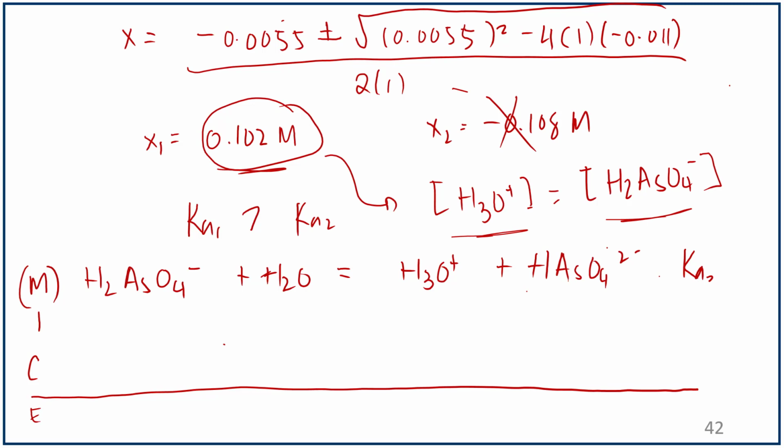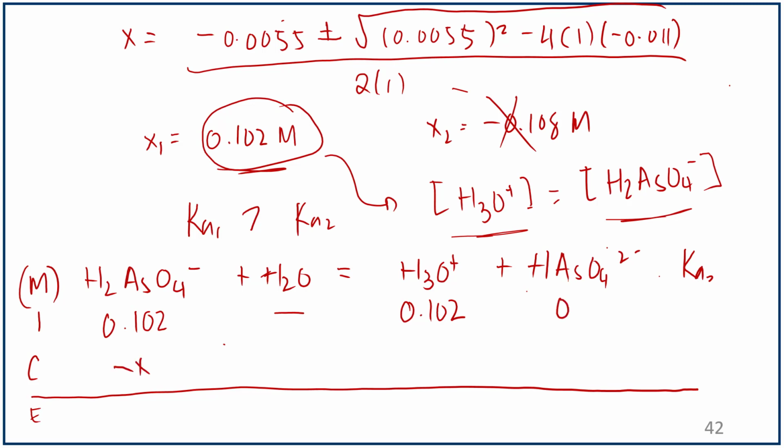So that will be 0.102. Then ignore water. Now we do have hydronium ions already in solution as a result of the first dissociation. The second dissociation will not happen before the first dissociation. So this one should be a non-zero value, 0.102. This one should be 0, however.